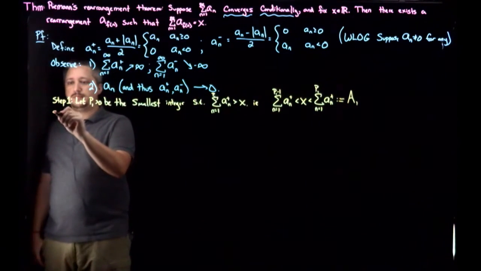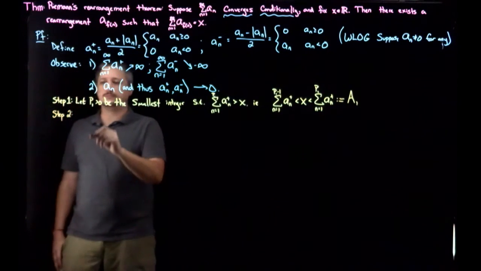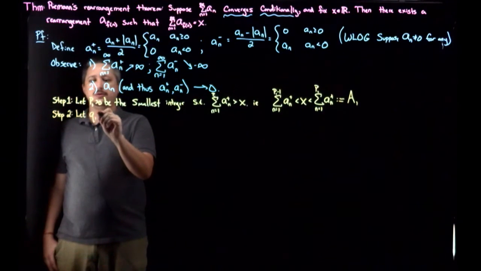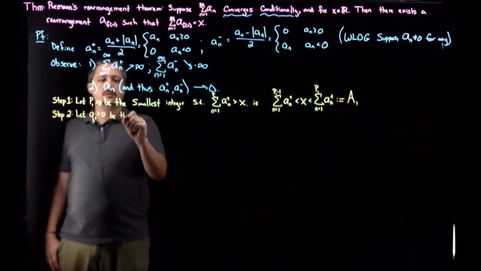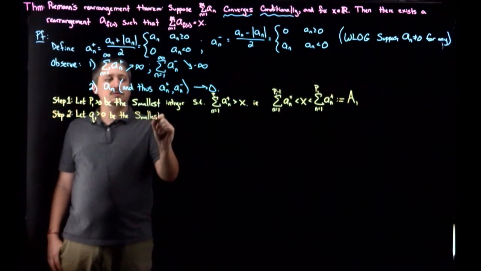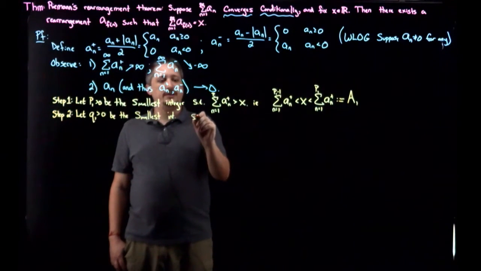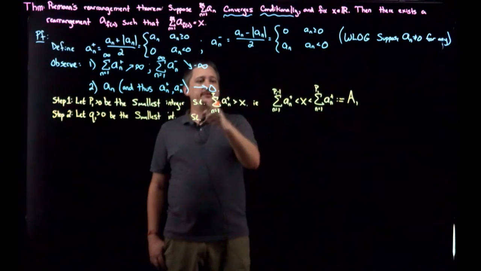All right, step 2. So now I'm going to let Q1 greater than 0, again, strictly, and again, be the smallest integer such that, so here I went bigger than x.